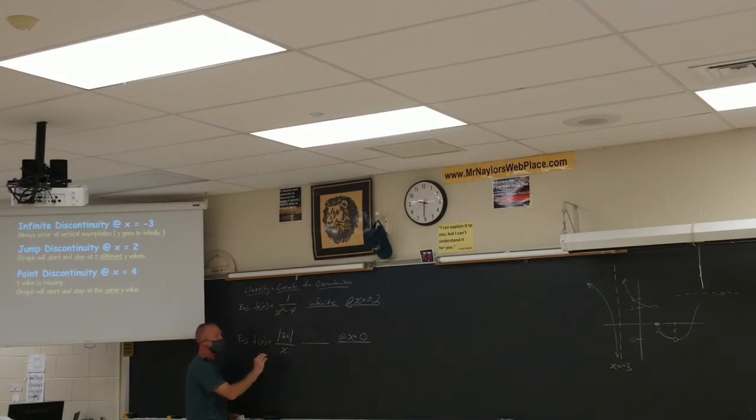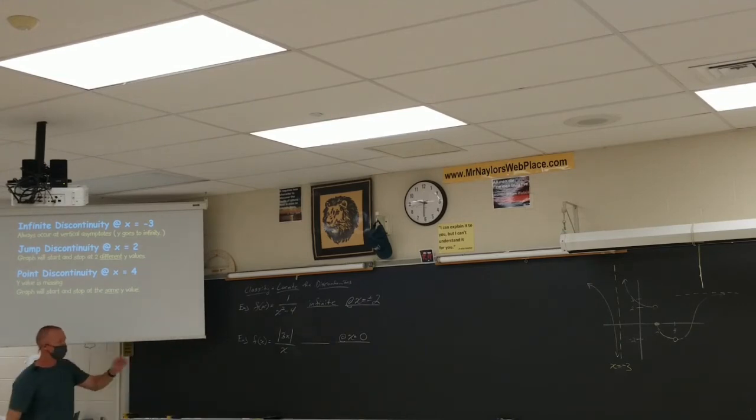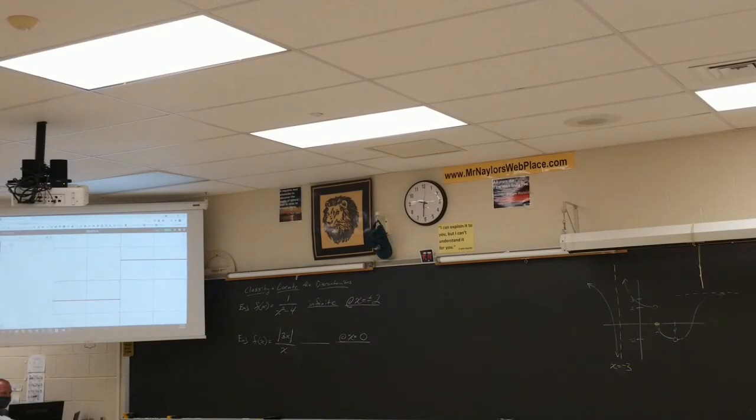Now, you would want to pause and say, wait a minute, I haven't seen absolute value before. Is it a vertical asymptote? That's the kind of thinking that should go on in your head, which would mean that you would want to further investigate the graph.